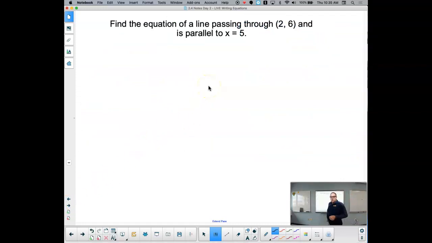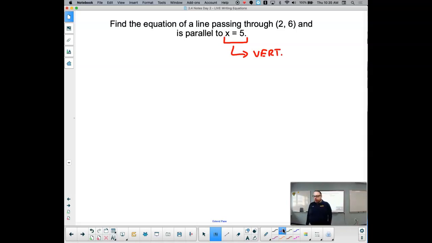Quick one here. Find the equation of the line passing through that point and parallel to x equals 5. I thought this was the last one. Okay. Last example here. So this is a special one because x equals 5 is a vertical line.